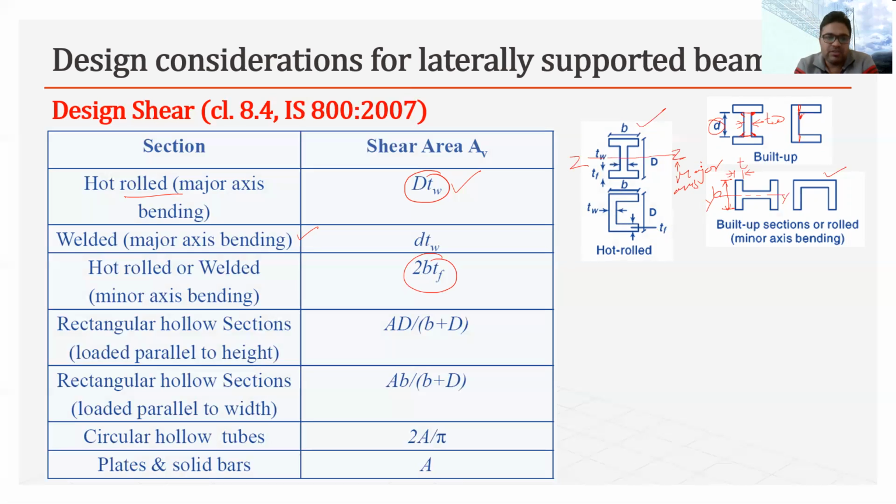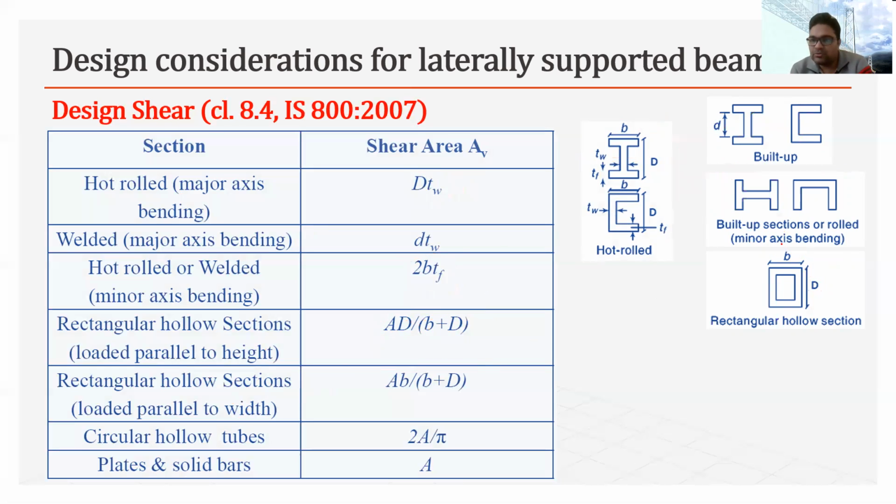Similarly, if we have a rectangular hollow section, this may be D and this may be B. In that case, A is the area of the whole rectangular section, D is the depth, and the shear area is A times D upon B plus D. This is the relation to calculate the shear area for a rectangular hollow section. In this case the load is parallel to the height, passing along this direction.